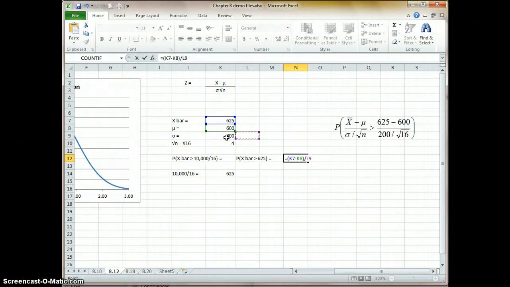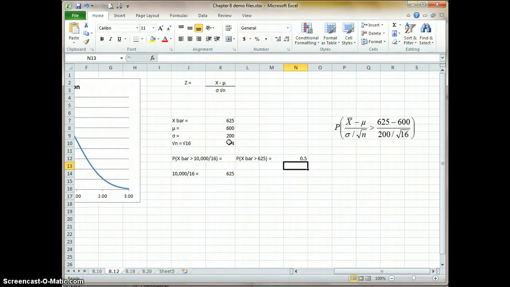I'm going to put the parenthesis in there. Divided by the square root of n. Close parentheses. And that is equal to 0.5.